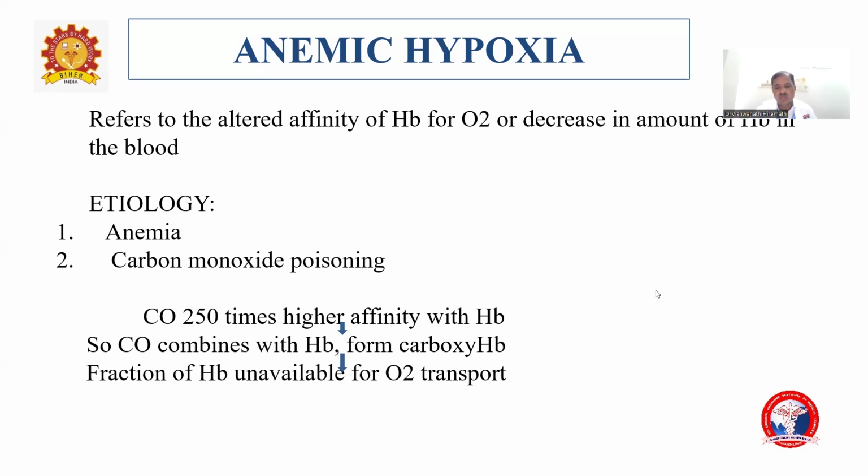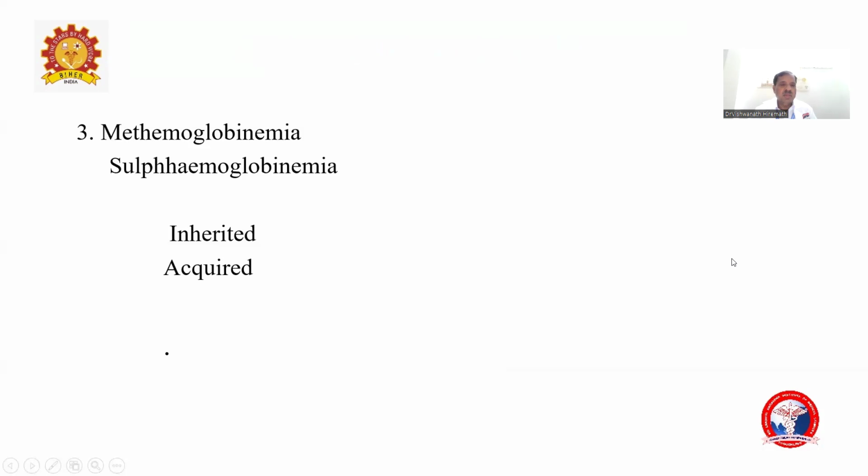So, less oxygen delivery to the tissues. Methemoglobin can be inherited or acquired, with acquired causes such as nitrites, sodium nitrate, and cyanide poisoning.